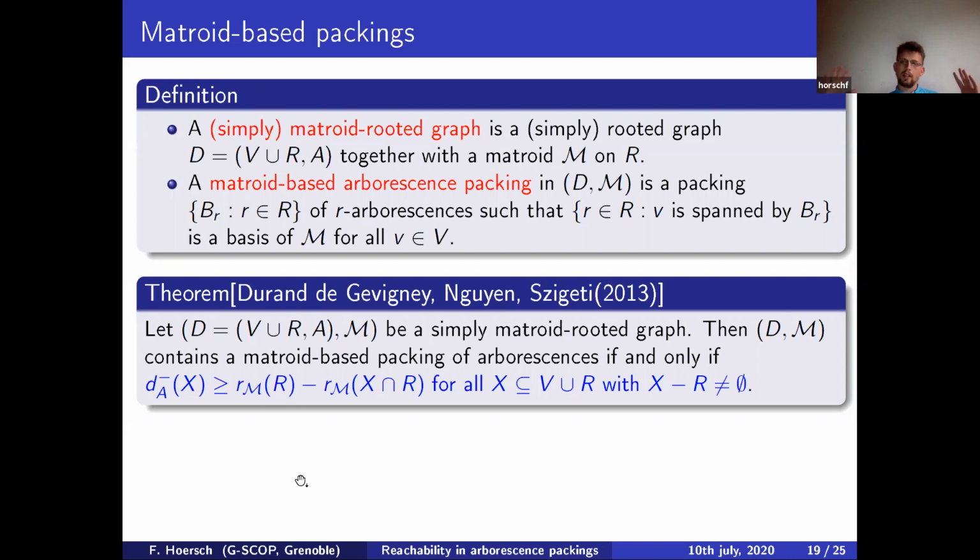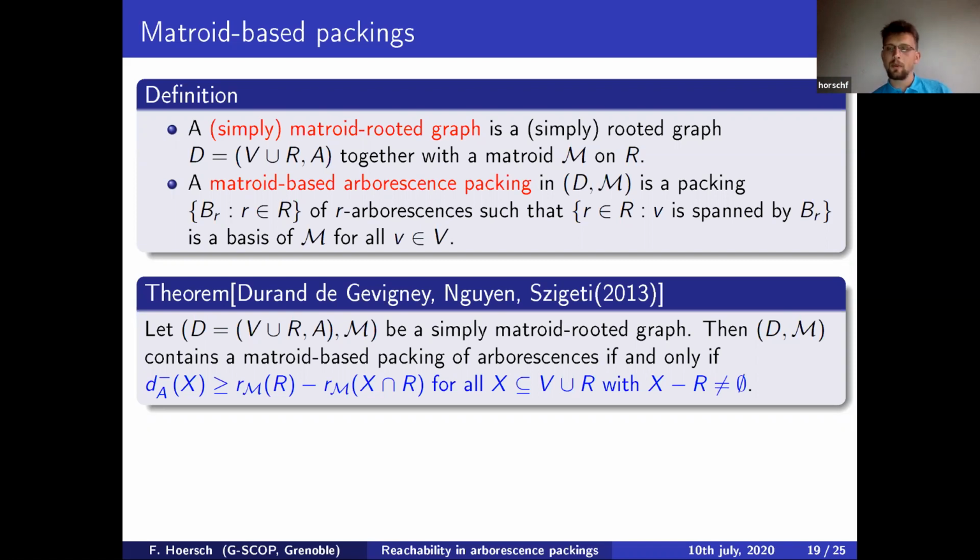Say, I now have a subset X union R. I pick a vertex in there. How many arborescences need to see that vertex? Well, rank of the basis many. Rank of the matroid many. Because the basis has got to come in.